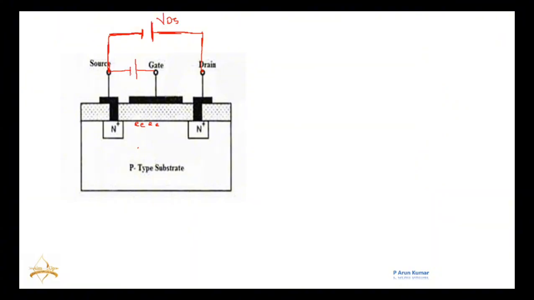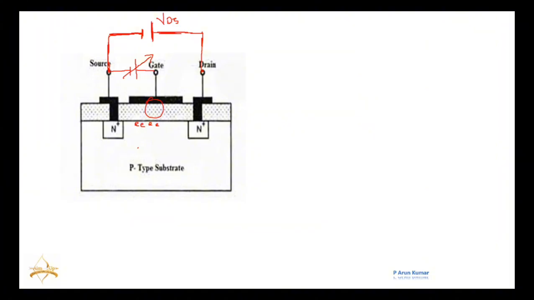Now let us see what happens by changing this gate to source voltage. If I slowly increase this VGS from 0, then what happens? Initially, it will try to attract these electrons. Actually, this works under capacitance behavior. That we'll see in the next video, the MOSFET as a capacitor.